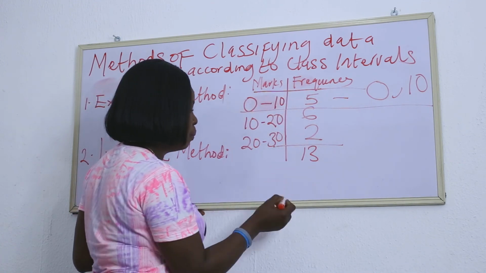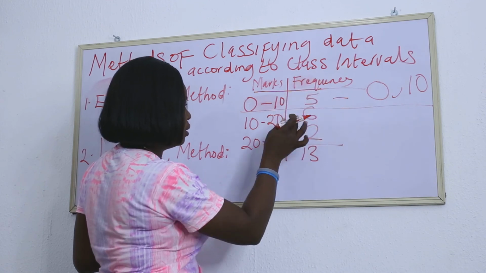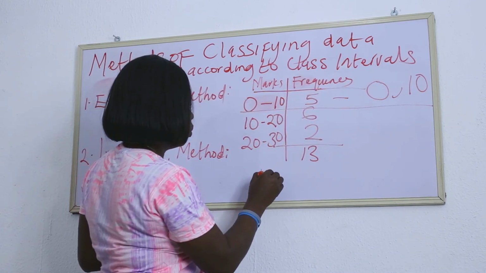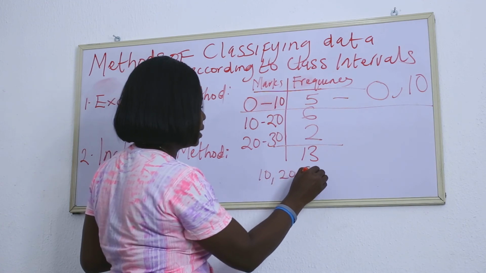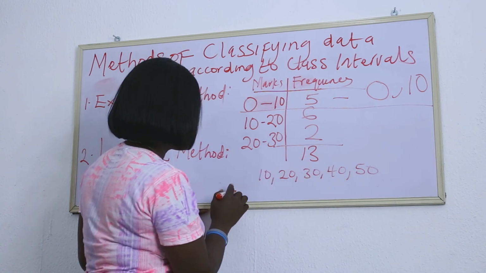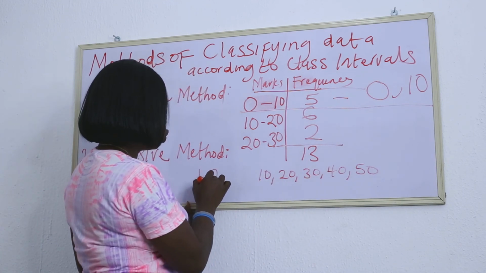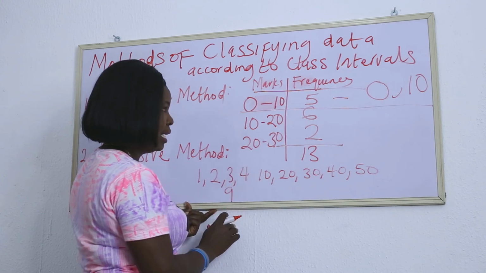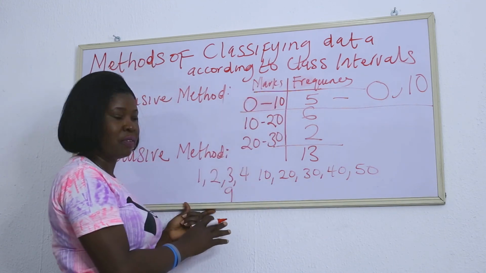But let's take, for example, we have said marks. We have 10, we have 20, we have 30, we have 40, we have 50, then we have 1, 2, 3, 4, and 9. We want to classify into these classes, for example.